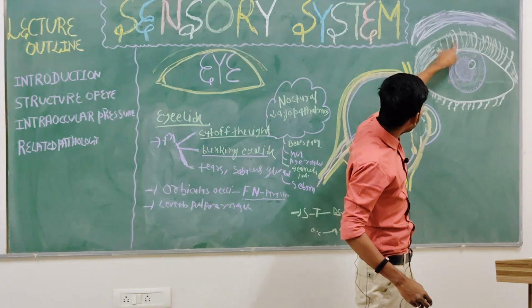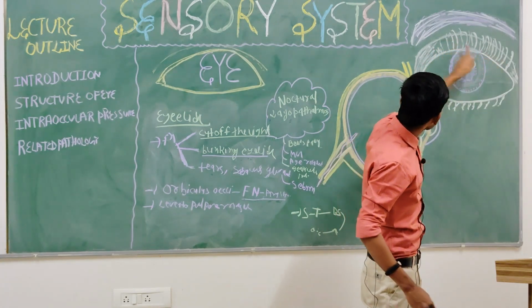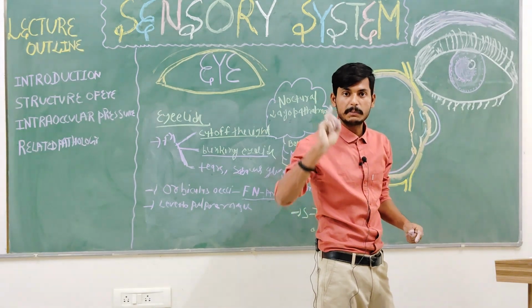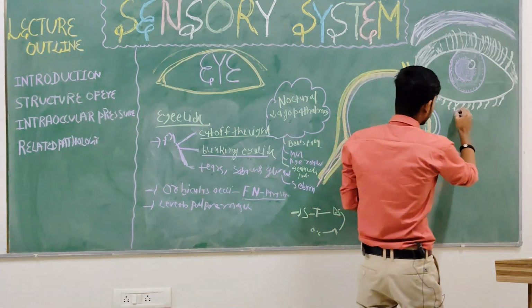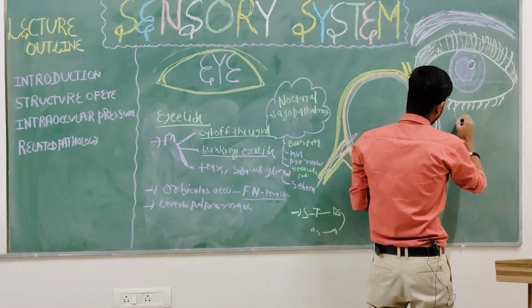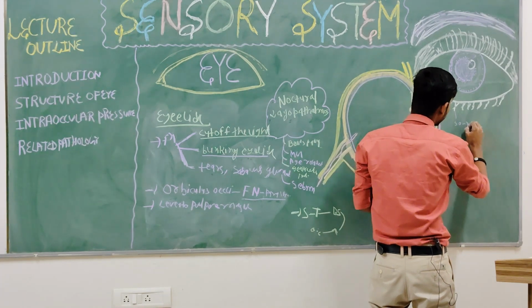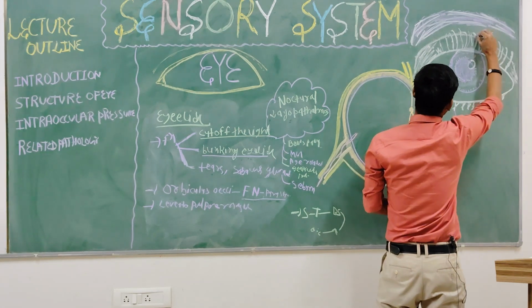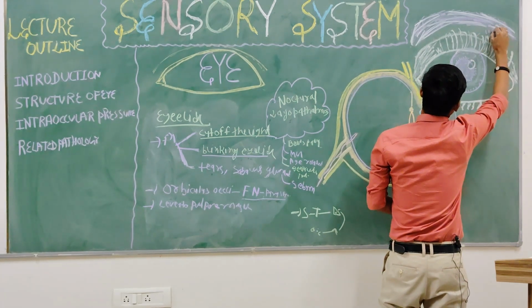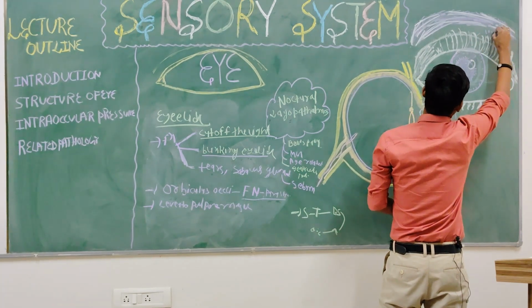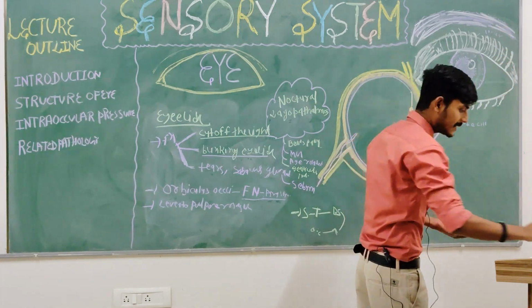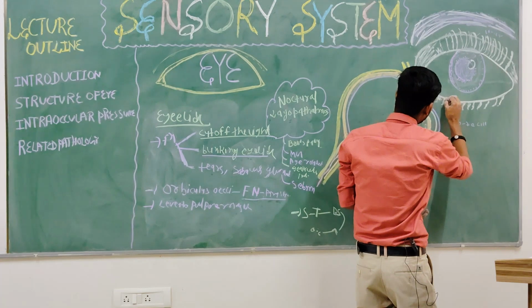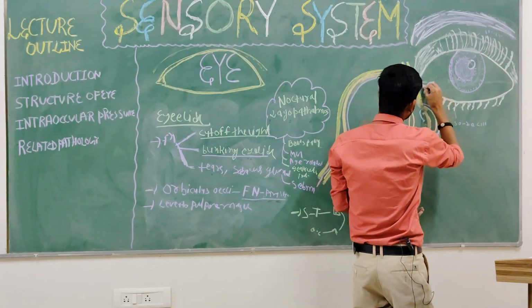because in the upper eyelid there are 100 to 150 cilia. These are the cilia basically. In the lower eyelid 50 to 70 cilia are present, and in the upper 100 to 150 cilia, and there is a follicle where the sebaceous gland is present.